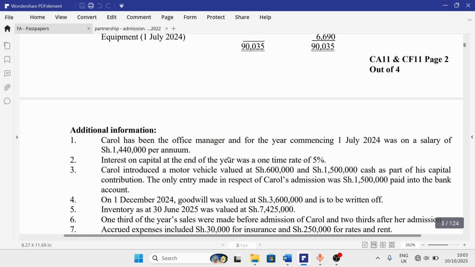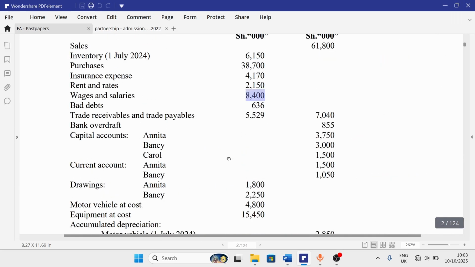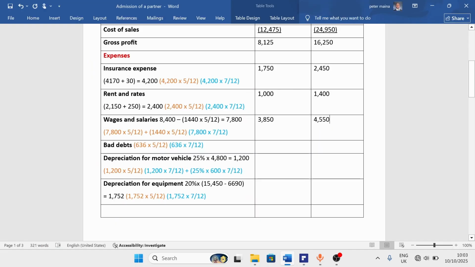So in the question, we go to the trial balance, look for bad debts. So bad debts, the amount is given as 636. We don't have any other information concerning bad debts, so we are going to apportion it according to time. In the first period, we take 5/12 of 636.